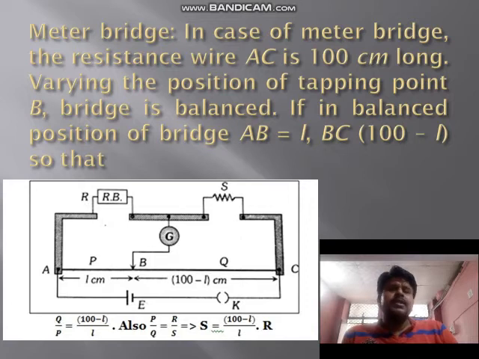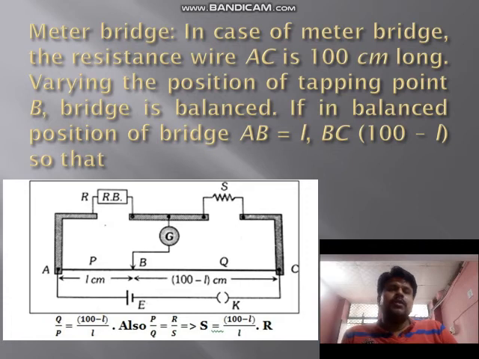It consists of resistance box RB, denoted with the symbol R, and unknown resistance S, whose resistance we have to calculate. Part AC is connected with a long wire whose length is 100 centimeter, and in between a galvanometer is connected.